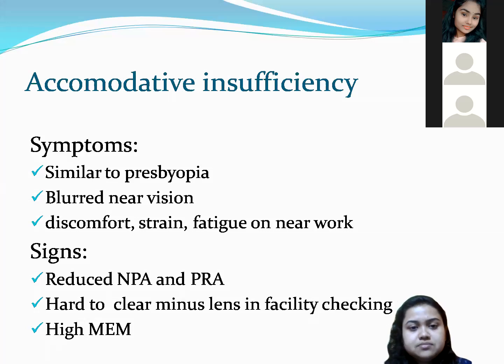Okay, so amplitude of accommodation is a very important test to diagnose whether the patient is having any accommodation problem or not. If we get a binocular amplitude of accommodation that is normal, and the monocular amplitude of accommodation is abnormal compared with the expected values, then there may be a chance of accommodative insufficiency.